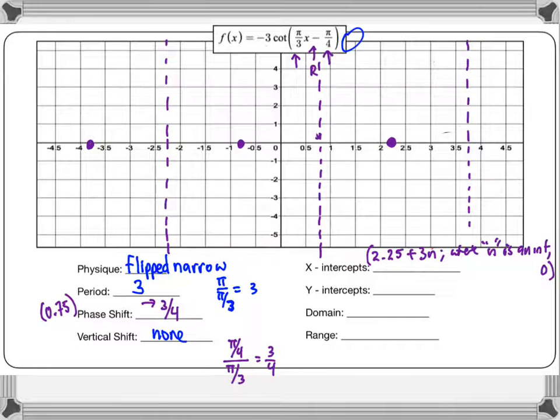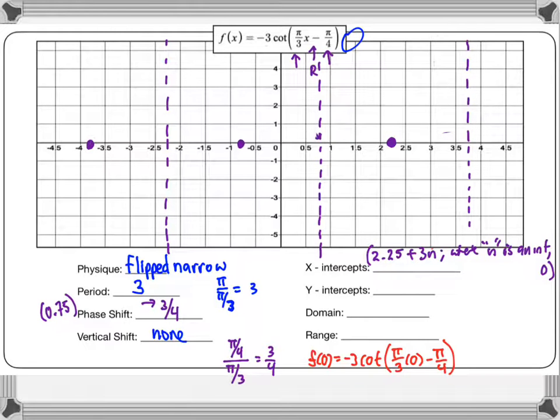And the y-intercept, let's plug in that 0 and see where that takes us. So I got f(0) equals -3 cotangent of this guy, which is going to go away anyhow, because that's 0, and negative pi over 4.